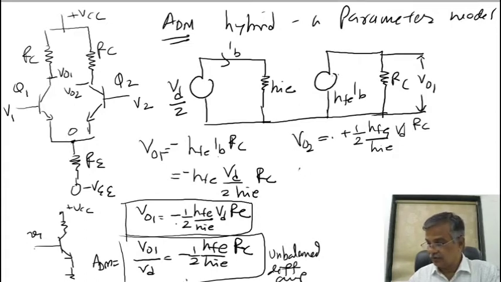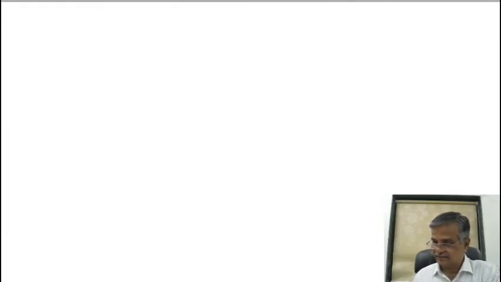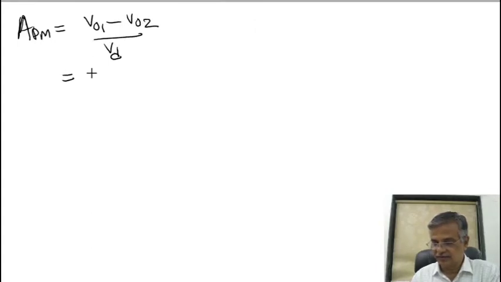If I want to derive the equation of differential gain, VO1 minus VO2 by VD, then you can see the differential gain is nothing but minus HFE upon HIE into RC.